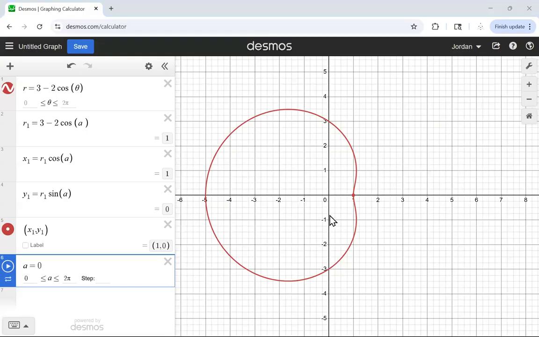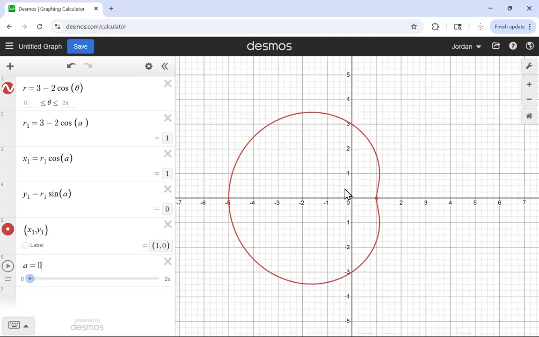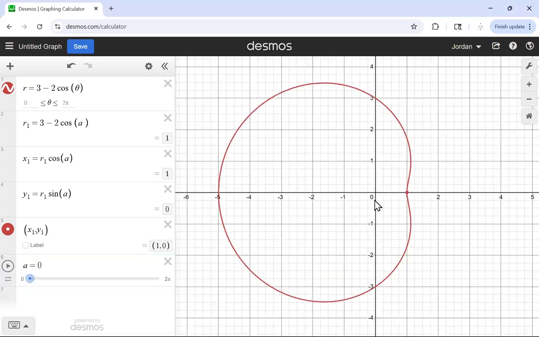Now, this one is probably easiest to do by utilizing your trace key. So I have 3 minus 2 times cosine theta here graphed out. Notice that when theta equals 0, I'm going to be at the rectangular point 1, 0. That would be an r of 1 if we're thinking about polar coordinates. And then I start moving around that limacon.